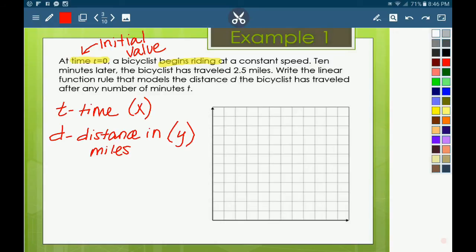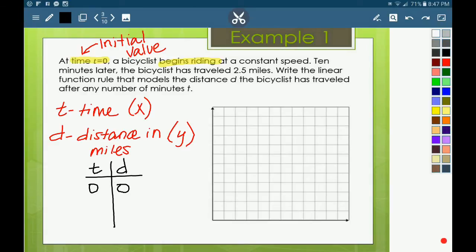And it says the bicyclist begins riding. So if I were to create a table of values just from what I'm seeing so far, with t and d instead of x and y, I'm seeing at time t equals 0, the bicyclist has gone nowhere. They just begin to ride, so they have not created any distance. That would be the point 0, 0.